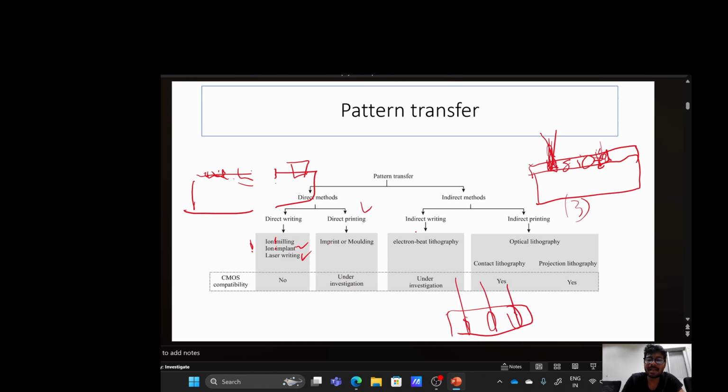That is direct imprinting. And molding: if you have some kind of mold, if you want to make some kind of bricks or these things, you must have some mold, and that can be used for this.